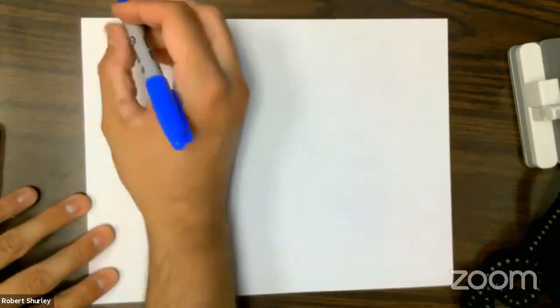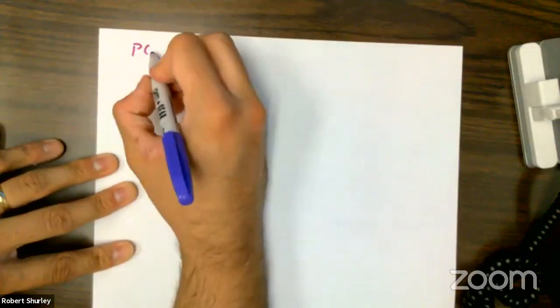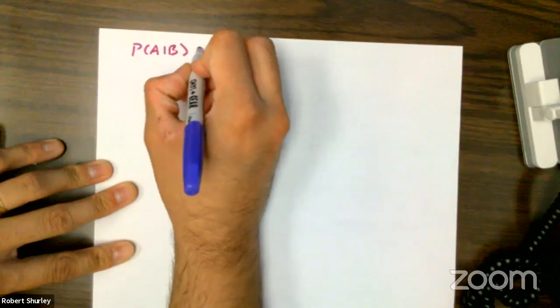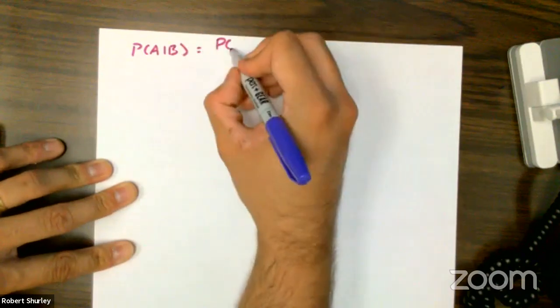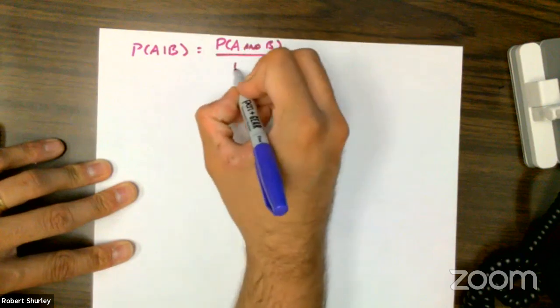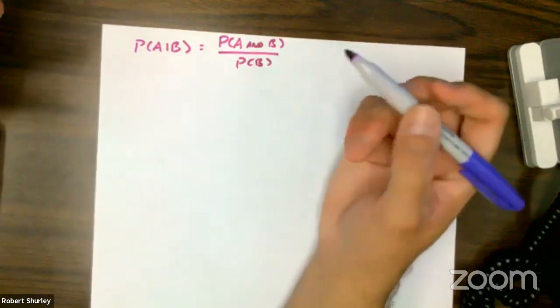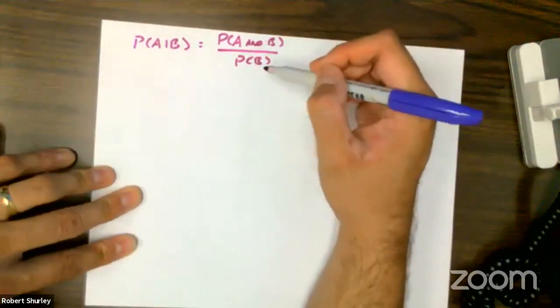Okay, so again, let me write this down. If I've got the probability of A given B, this is equal to the probability of A and B all over the probability of B. Well, you can really just use algebra and reword this.